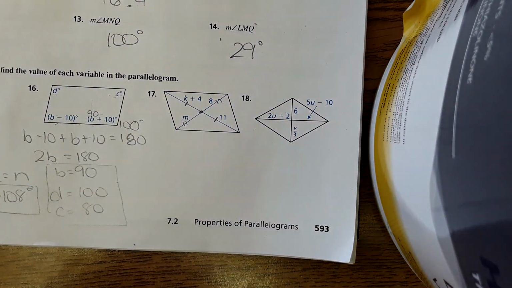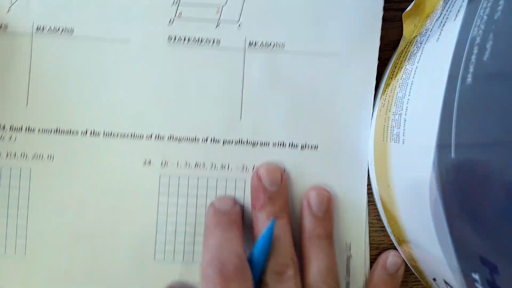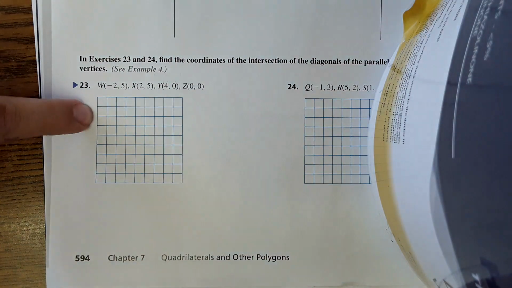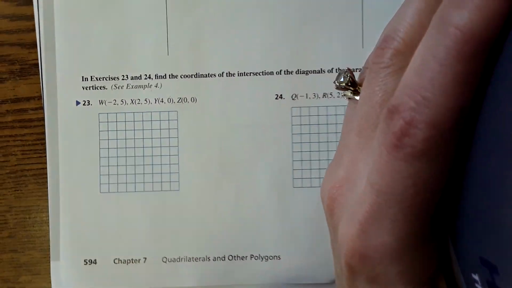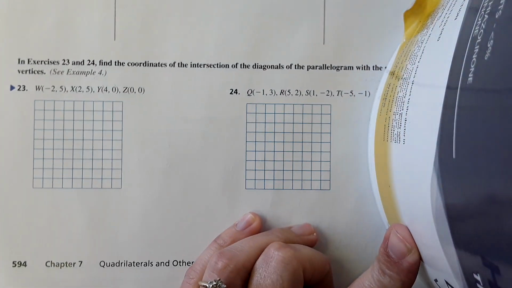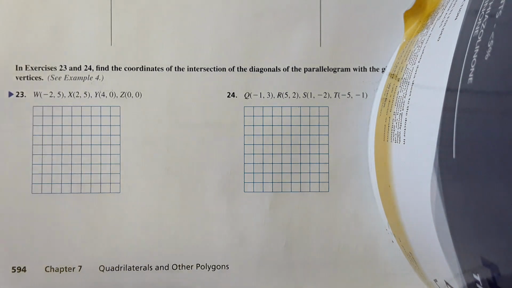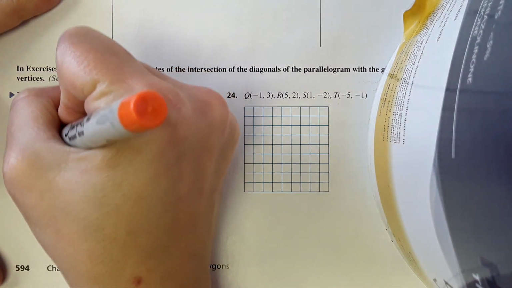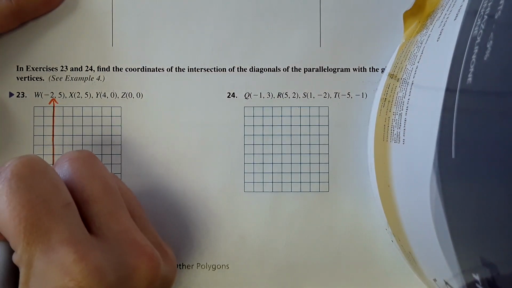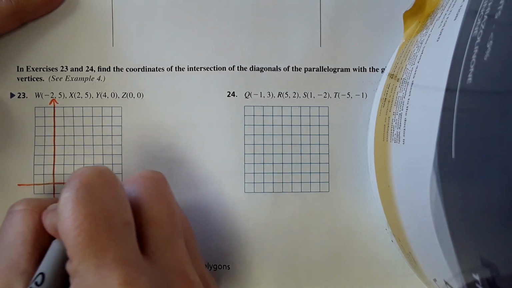Okay, moving on to the back of the page. There's a couple of these in the question bank, so you might come across them. It says, find the coordinates of the intersection of the diagonals of the parallelogram with the vertices. So it gives us the points. So we're actually going to graph. I'm drawing the graph kind of off to the side just so the numbers fit.